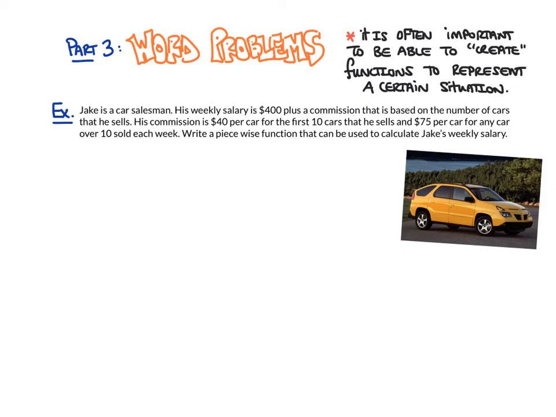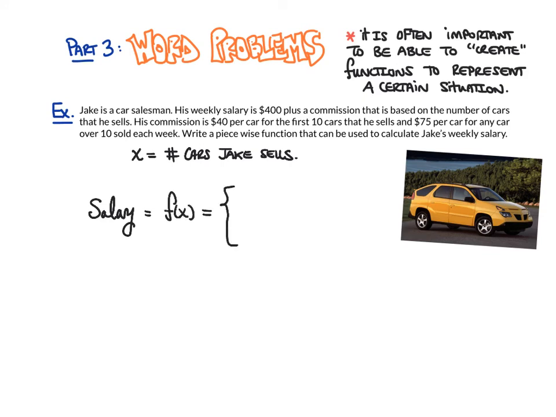What we're going to do to start is let x, our variable, represent the number of cars that Jake sells. So x is just our number of cars. And now our salary, we're going to have that be our function f of x. And it's going to be a piecewise function because it depends on how many cars he sells.